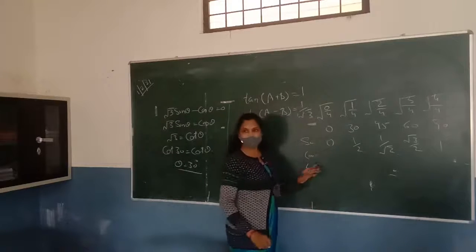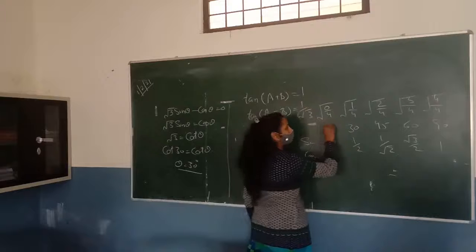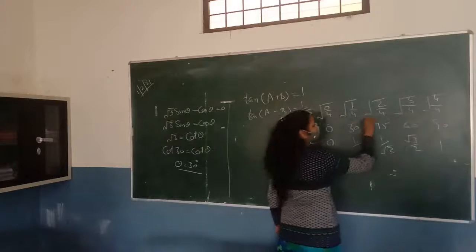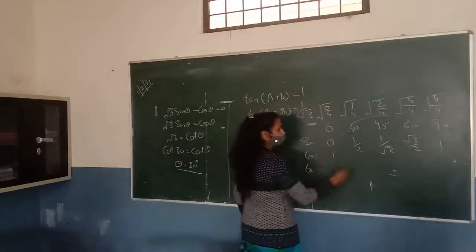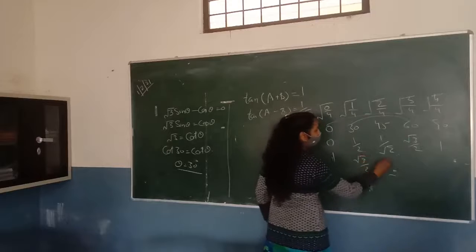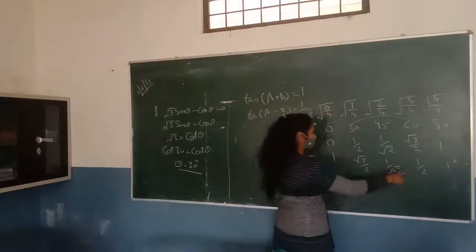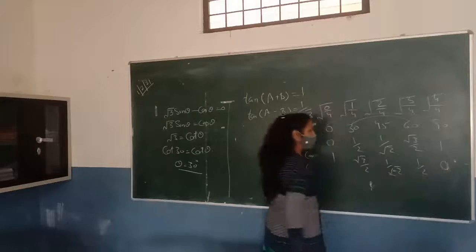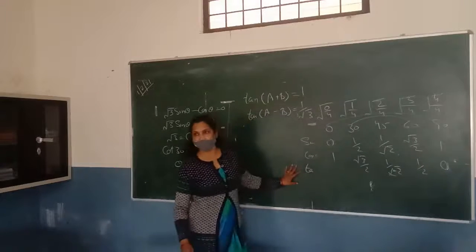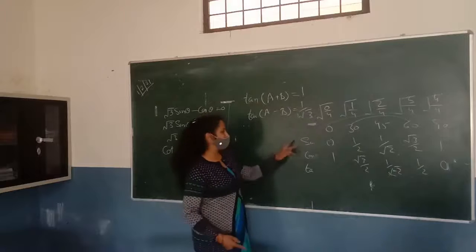And for the cos, we reverse the values from 0 to 90 and 30 to 60: 1, root 3 upon 2, 1 upon root 2, 1 upon 2 and 0. For finding the value of tan, we know that tan is equal to sine upon cos, so divide these terms.